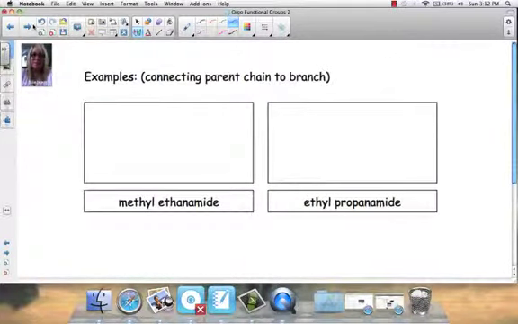Okay, now let's see how that looks differently when we connect it to the middle of the chain. So methyl ethanamide. Eth is 2. We have a double bond O, and then we have the N, and then we have a C, methyl, and we need another H in there.